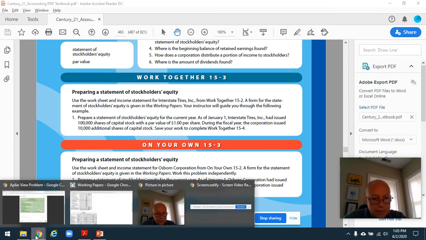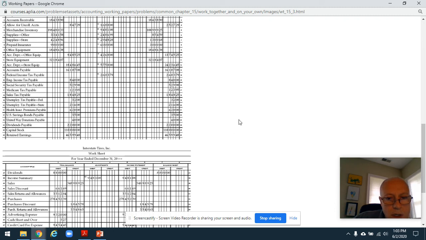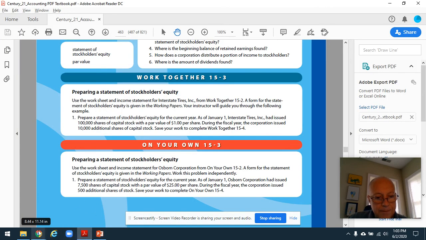Let me show you where that is. So we got to go back up to where our retained earnings are. Dividends right there. So when you pull your dividends, you got to go down here under retained earnings and you pull your dividends right here, and then you plug that into the worksheet, okay? Just so you know where it is, right there, right above income summary.